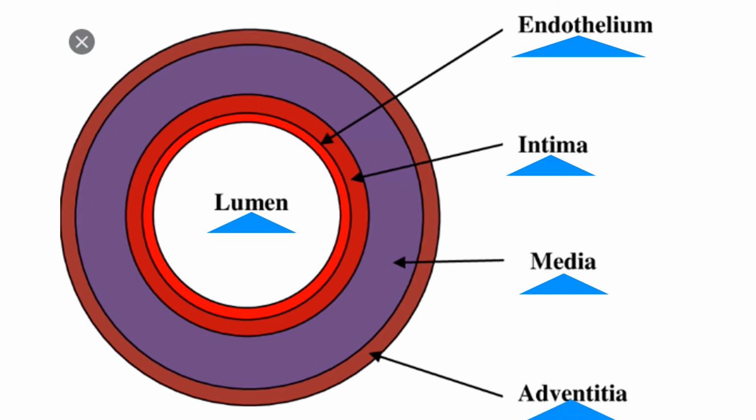Then we have tunica adventitia, made of loose areolar connective tissue, and common sense tells us that arteries should not lie loose between tissues. They should be attached to the surrounding structures, and tunica adventitia will do that job.